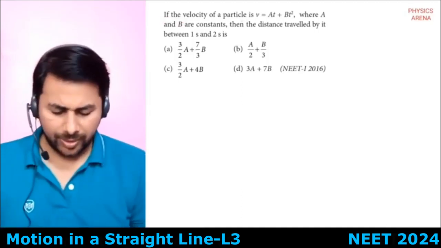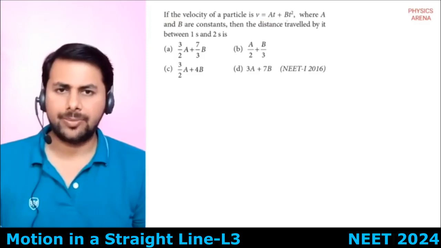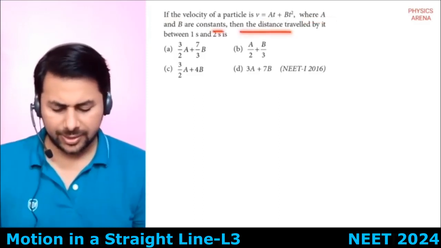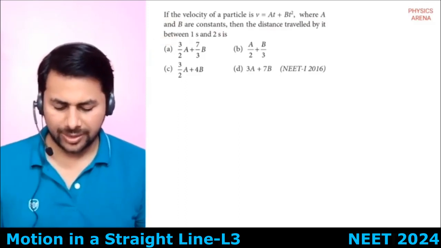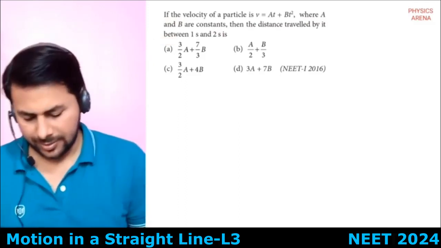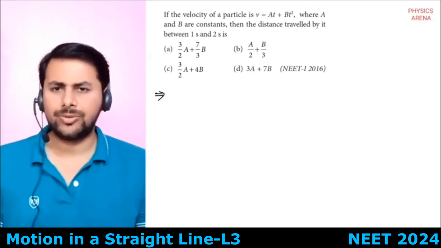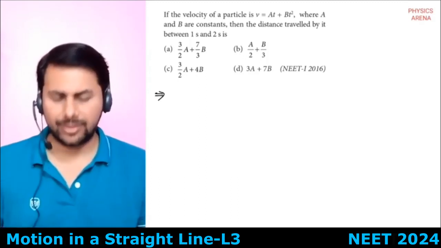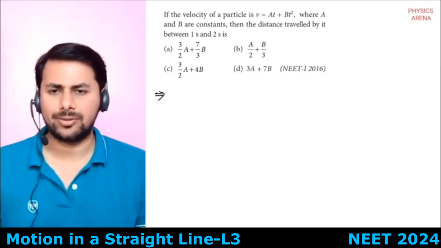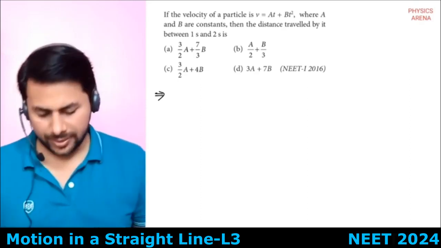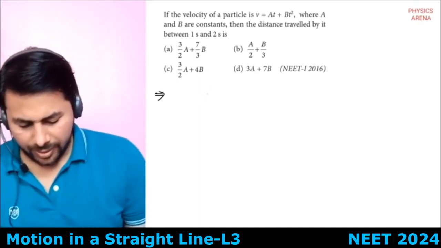If the velocity of a particle is v = at + bt², where a and b are constants, then the distance traveled by it between 1 second and 2 seconds is. So what should we do? We want distance traveled between 2 times. Integrate velocity, right?